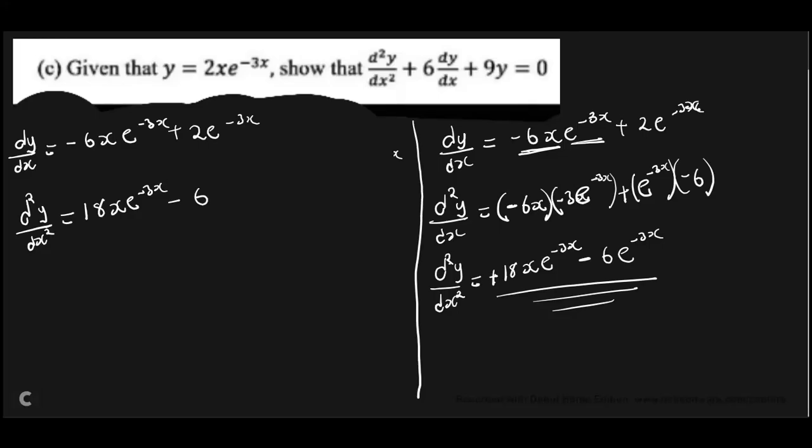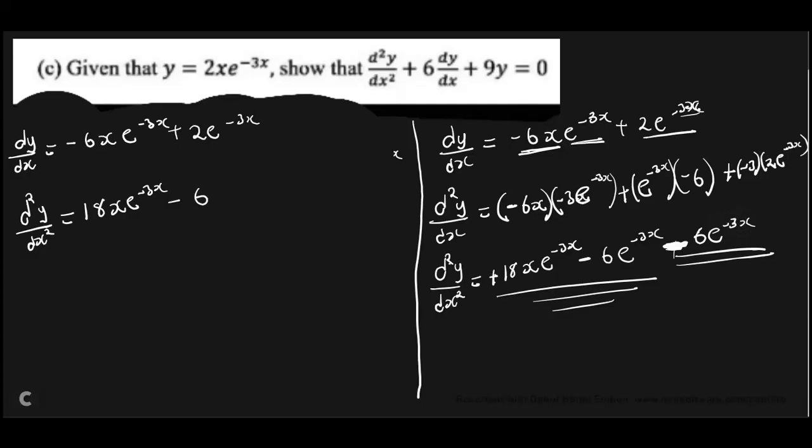Remember that this side again, we didn't finish that. This is on the second derivative, so we have to differentiate this part, meaning it will give us negative 6. Because why would it be negative 6? Because we differentiate that part, it would be negative 3 times 2, then e to the power negative 3x like that, meaning it would be negative 6 e to the power negative 3x when you finish that.